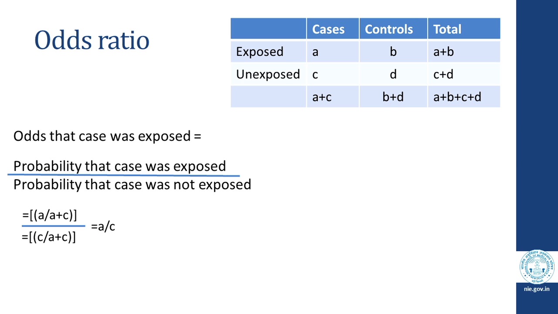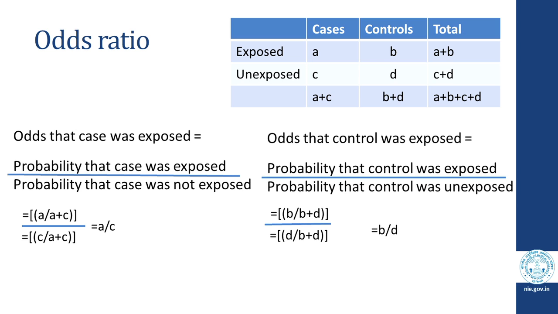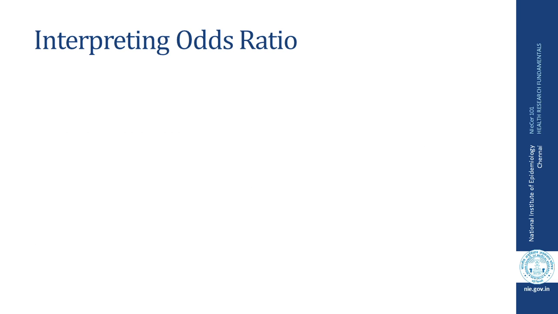And we know that probability a case was exposed is A upon A plus C, and probability that a case was not exposed is C upon A plus C, and the ratio of these two probabilities is A by C. In the same way, we also calculate the odds that a control was exposed, which comes out to be B by D, and the ratio of these two odds becomes the odds ratio, which is AD by BC, which is nothing but a cross product ratio.